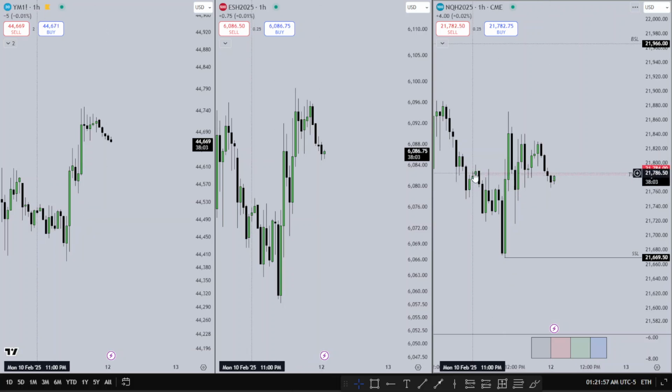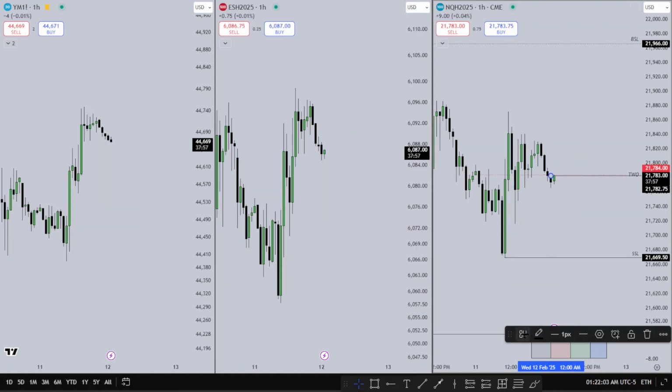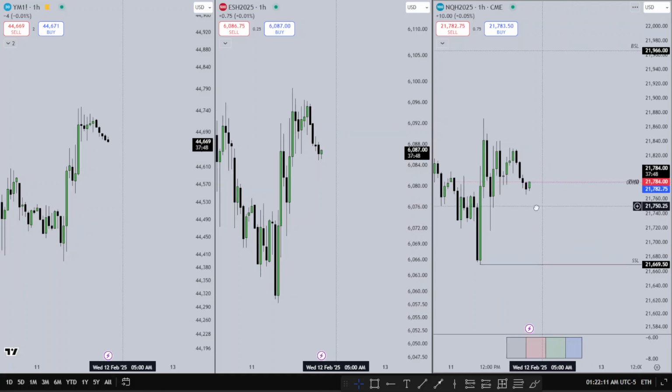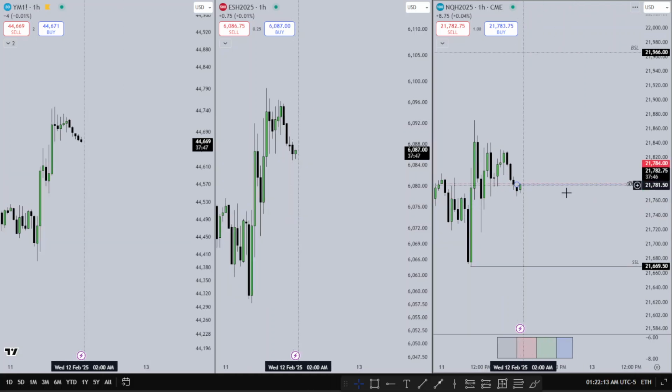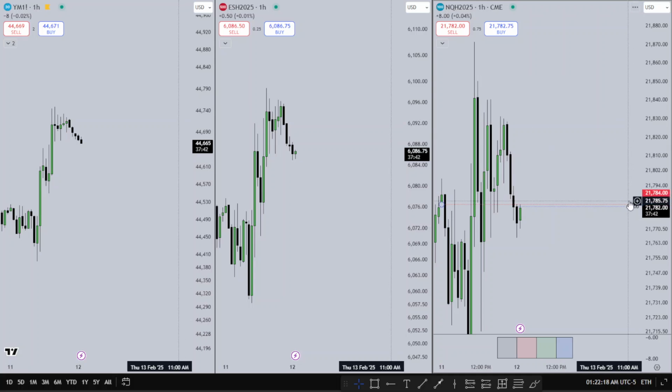So here is the 2-week open, and then right here is, so everything is stacked. These are all stacked opens, okay? We have the 2-week open stacked with the midnight open. Let me actually make this.